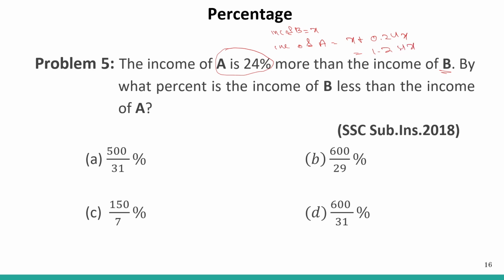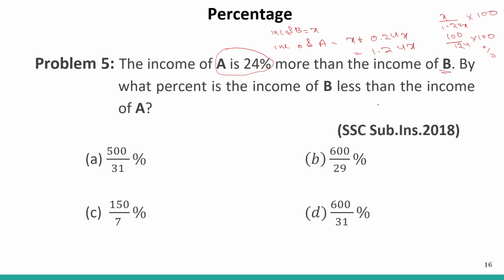We want to consider how much is income of B less than this. So how much is x by 1.24x into 100? The x cancels out, and what we are left with is 100 by 124 into 100. This much percent the income of B is less than the income of A.